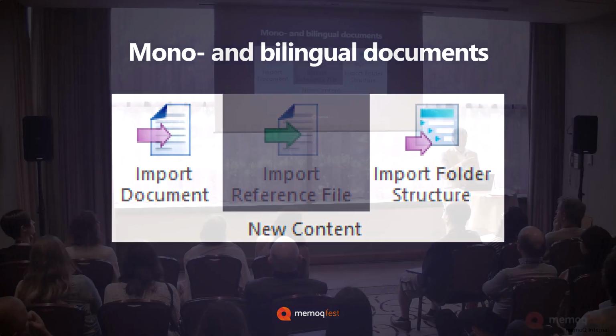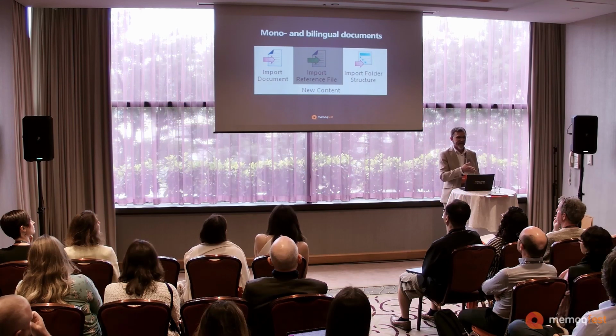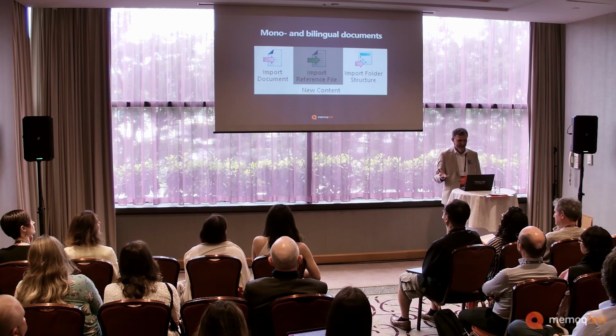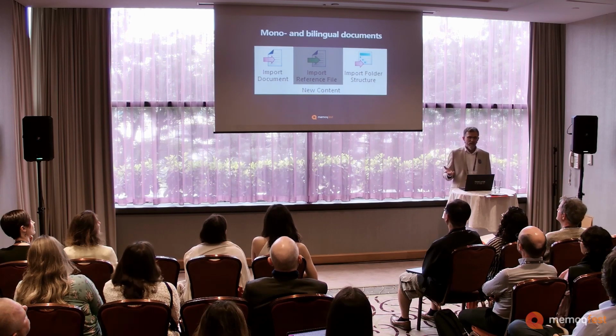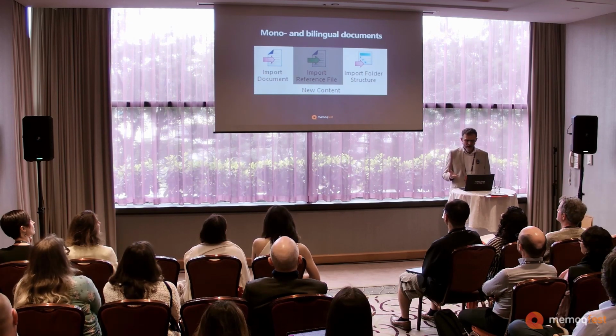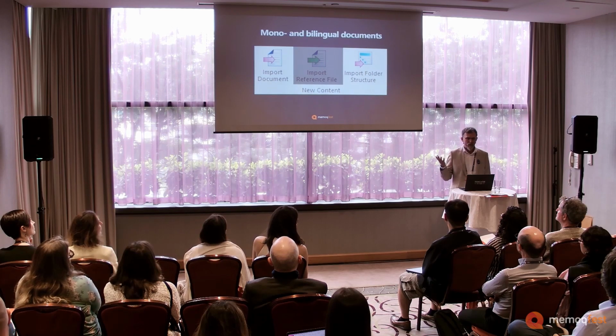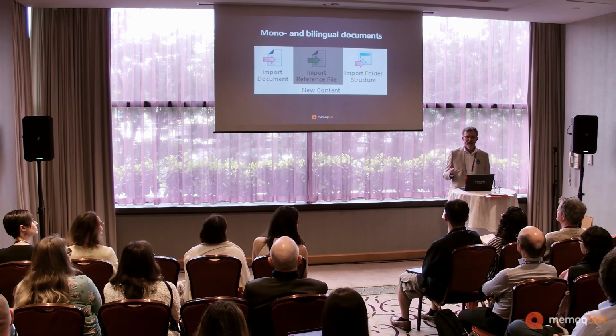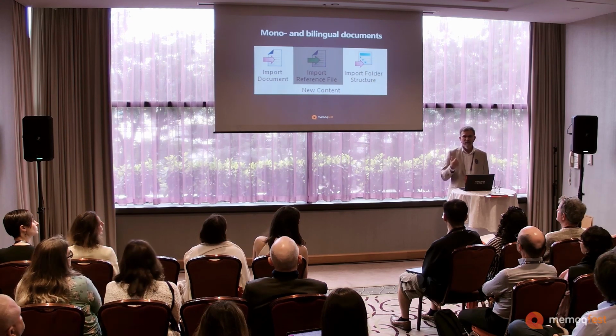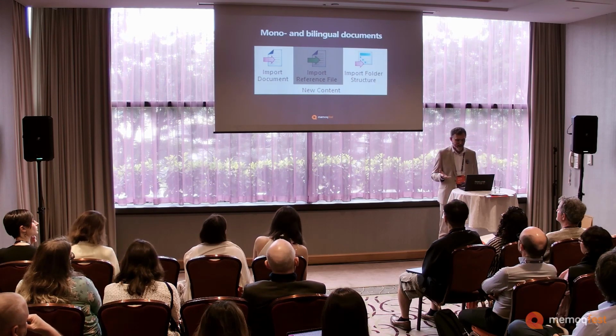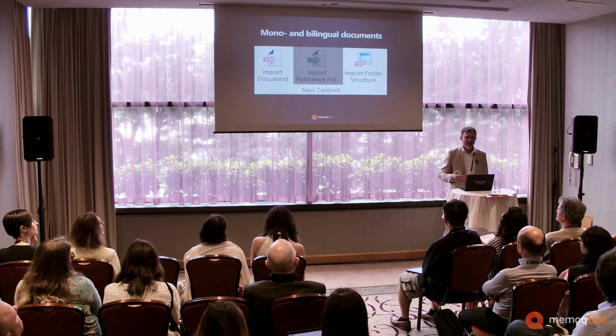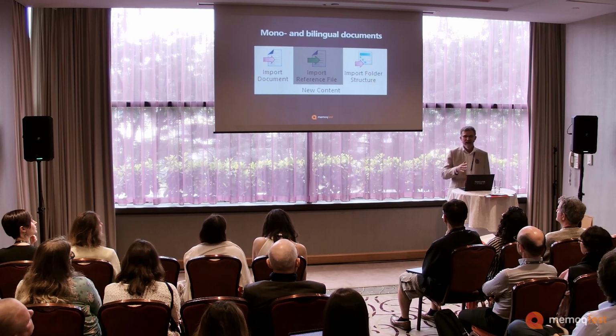You can import singular documents this way, or multiple documents, or import folder structure, which works the same way as importing folder structure for translation. You can recursively import content from folders, creating masks. So let's say import only docx documents from this bunch of folders.